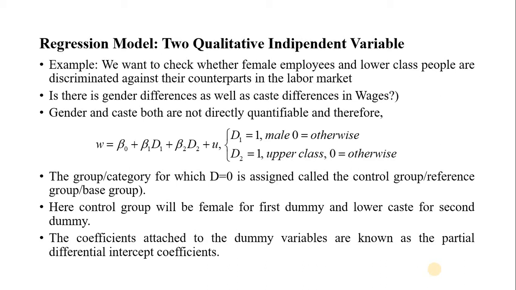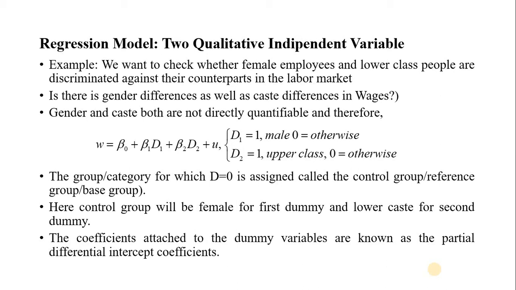Especially in a country like India, in the labor market, lower caste people are not getting adequate wage like upper caste people are getting. Upper caste people are a privileged group in the labor market, and they get more wage than the lower caste people.